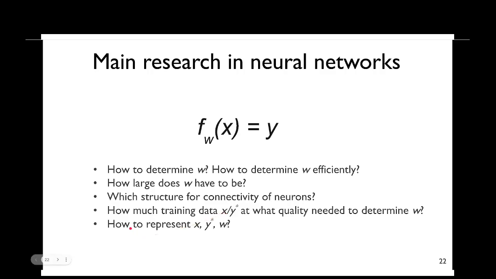And a final question is, how do we actually represent that? You've seen already that for MNIST, we represented a picture as just a vector of numbers. That might be RGB values or black and white. If we think of numbers, then at what precision? Floating point numbers, 16 bits, 32 bits, 64 bits.